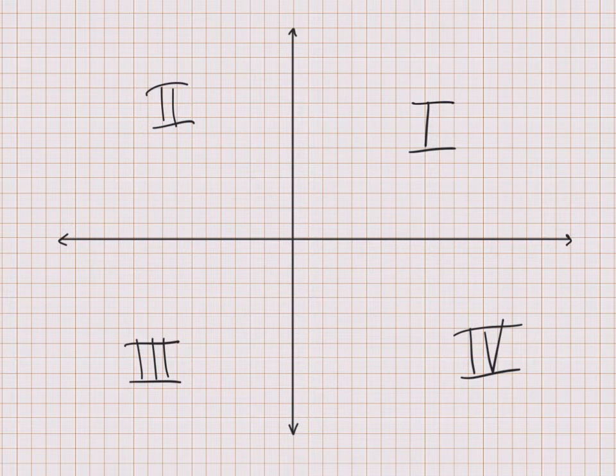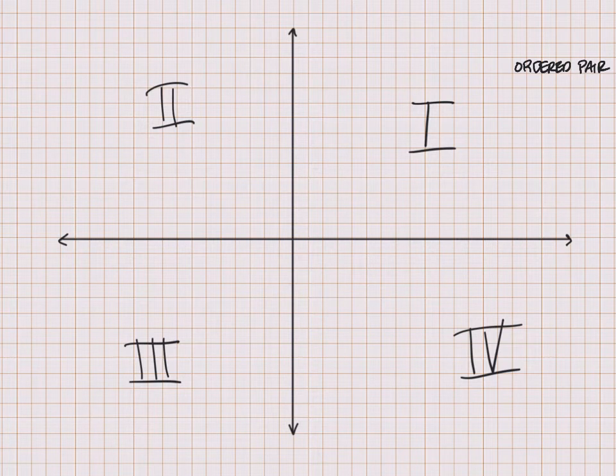And speaking of positive x values and negative y values, or just x and y values, period, the points on this coordinate plane, we label those as an ordered pair, we call it. So an ordered pair.